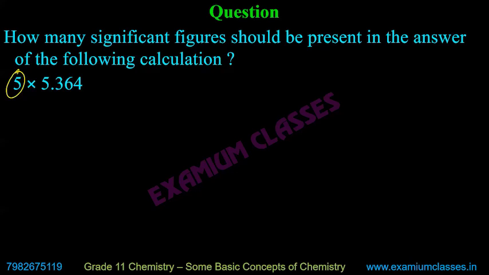I am saying it will not be considered at all if it is an exact number in the calculation of significant figures in the result. So in the result, because it is multiplication, and for multiplication it will be the minimum number of significant figures, and because there is only one number apart from the exact number, there will be 4 significant figures. This will decide how many significant figures will be there in the answer. Is that clear or not?